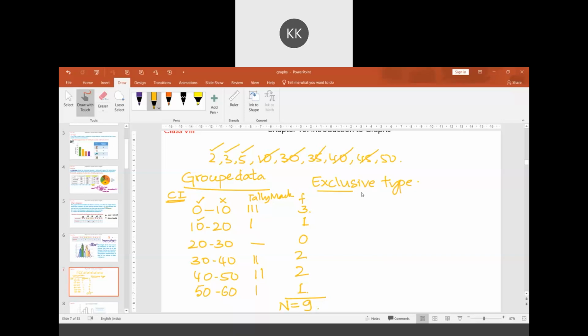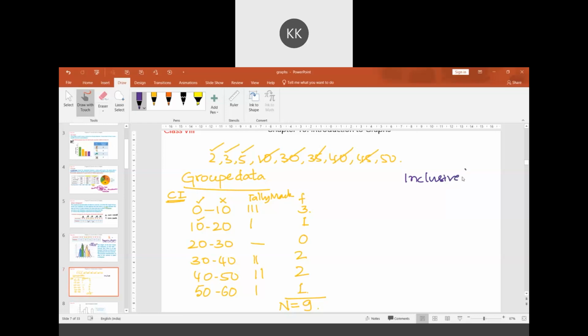This is exclusive type. Now I will make this as an inclusive type. You just observe the difference. Here I'll write inclusive.